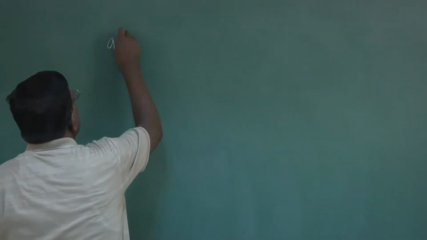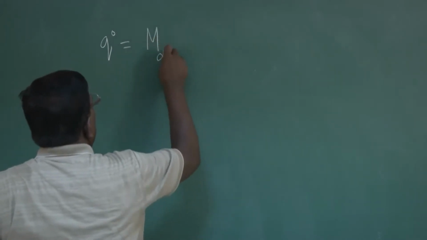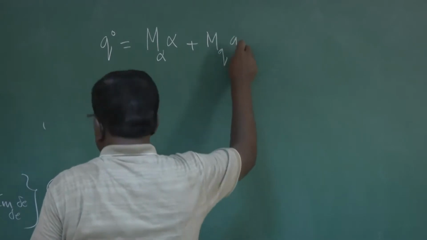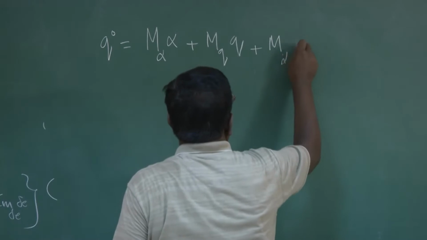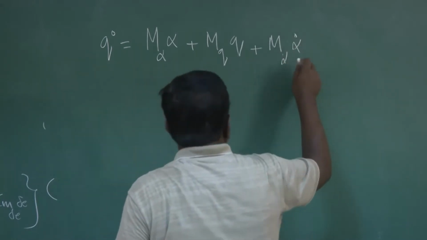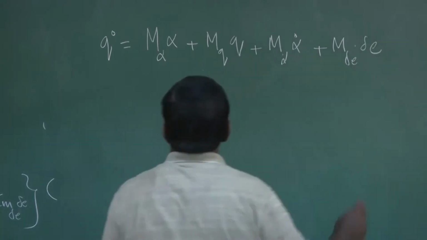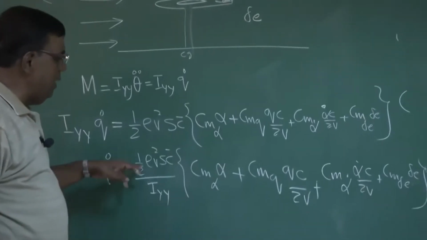So I write q dot equal to M alpha into alpha plus Mq into q plus M alpha dot into alpha dot plus M delta E into delta E. From here, what will be M alpha?